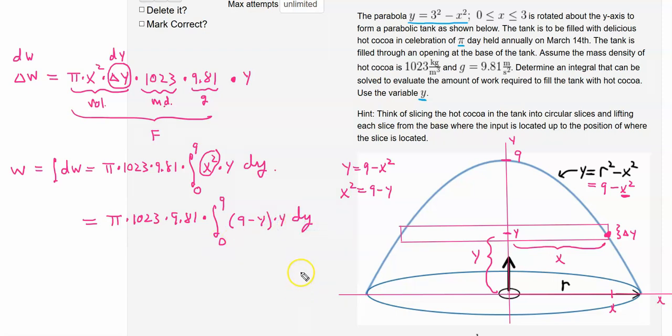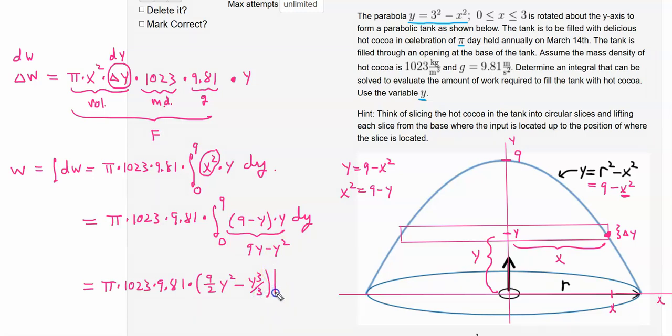And there you go. And of course, this is fairly easy to evaluate because what you have in here is just 9y minus y squared. And so those are very easy to anti-differentiate. And so our answer is going to be, let's see, the antiderivative of 9y is going to be 9/2 y squared minus y cubed over 3.